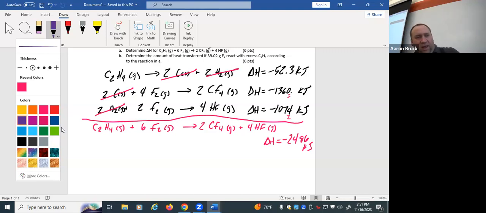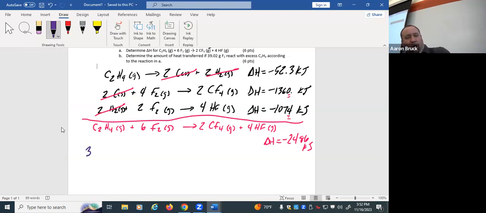And so the answer to that is we've got to do just a little tiny sliver of unit canceling, dimensional analysis, stoichiometry, whatever you want to call it. We need to start with what we do know. We have 39.02 grams of fluorine. Our first step, we're going to turn those grams of fluorine into moles. And then our last step will be to turn the moles of fluorine into energy.